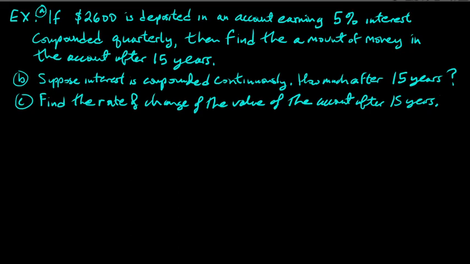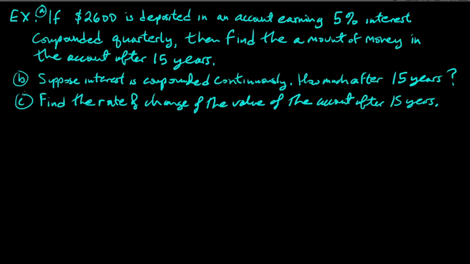Okay, so we have $2,600, and we're going to deposit that in, let's say, a savings account or some investment account, earning 5% interest that's compounded quarterly, so 4 times a year. And we want to find the amount of money that's in the account after 15 years. So in other words, we make a deposit and we just leave it sitting there for 15 years, so we don't make any withdrawals or any extra deposits.